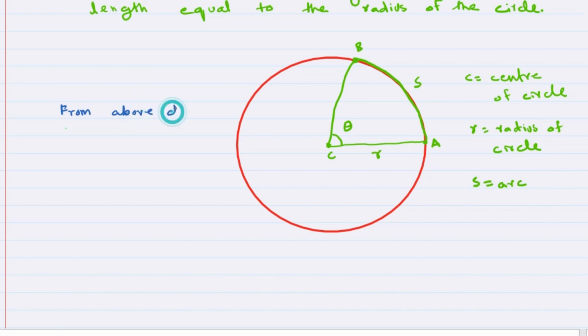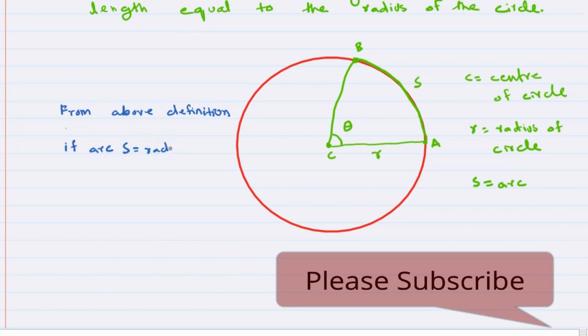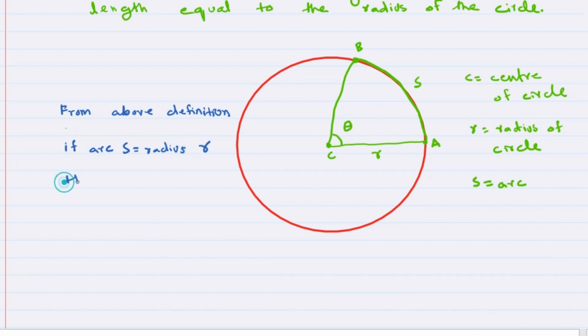From above definition, if arc S is equal to radius R, then angle, that is plane angle theta, is equal to 1 radian.